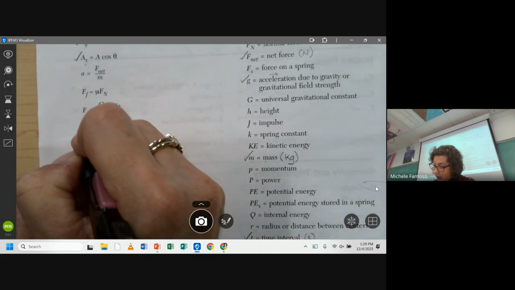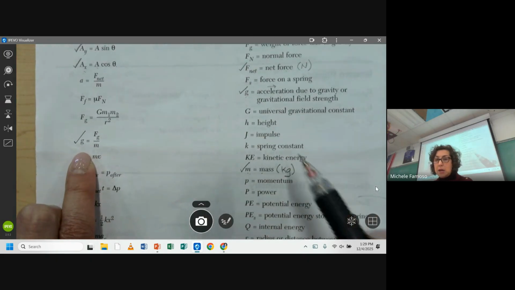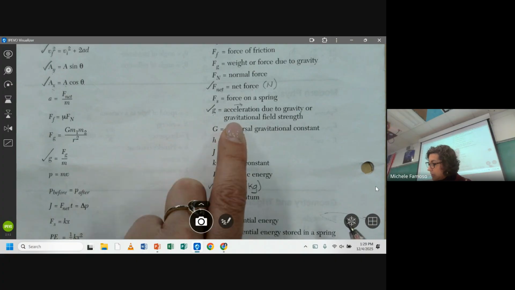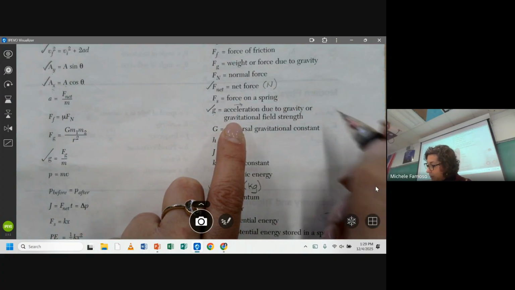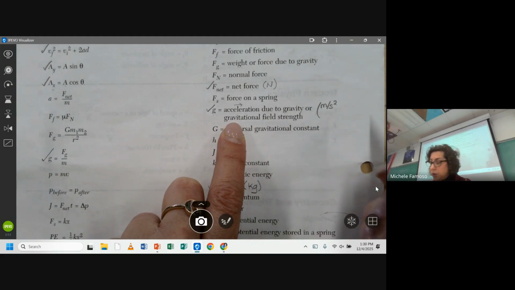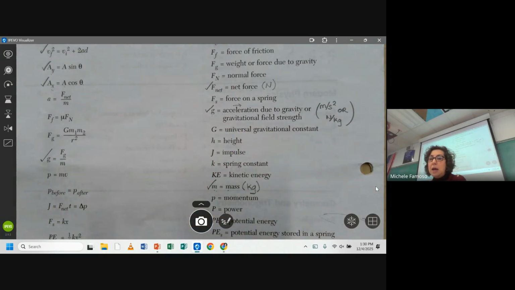Did you check off that equation as you took notes? g is Fg divided by m on page 6, which means in the right-hand column, you should have checked off already. Lowercase g is the acceleration due to gravity or the gravitational field strength. That means you're either going to measure it in meters per second squared or as a newton per kilogram, depending on which of those terms you're referring to.